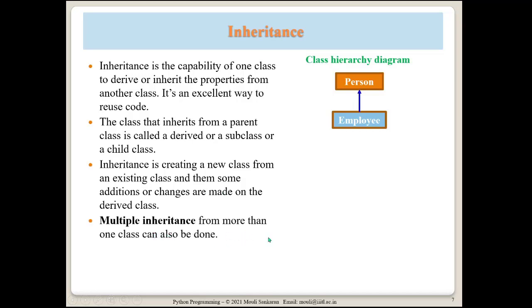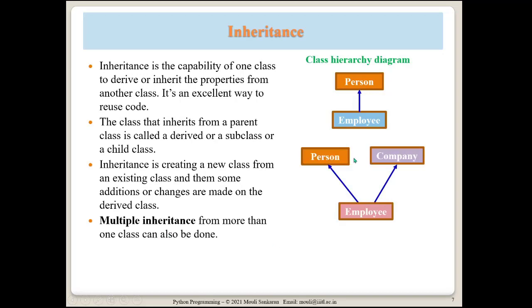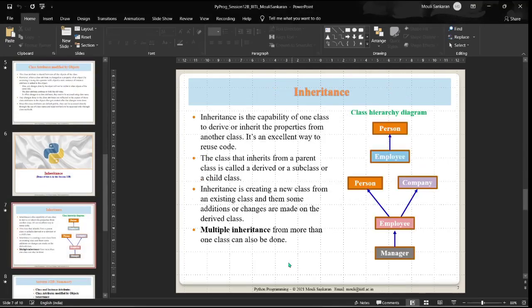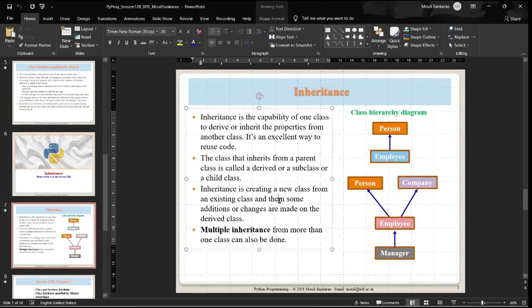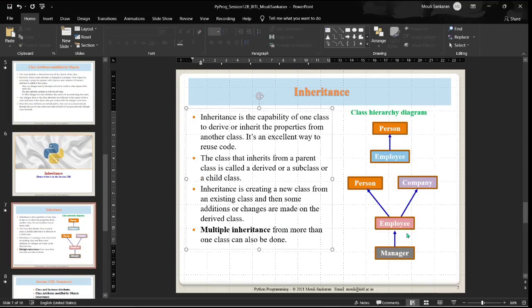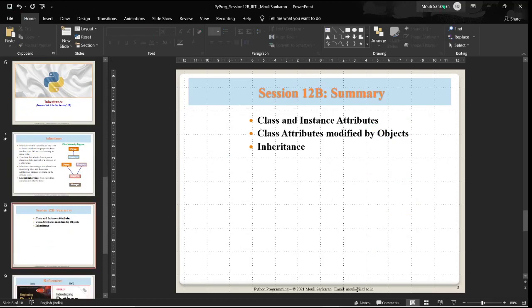Multiple inheritance from more than one class can also be done, but let us not go to multiple inheritance today. That is reserved for tomorrow. Today, because we have a lab, I thought I will just introduce inheritance, and then we will stop and go to the lab.